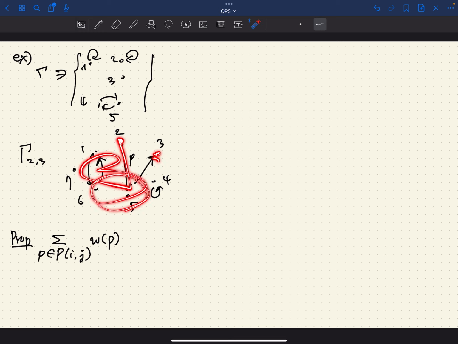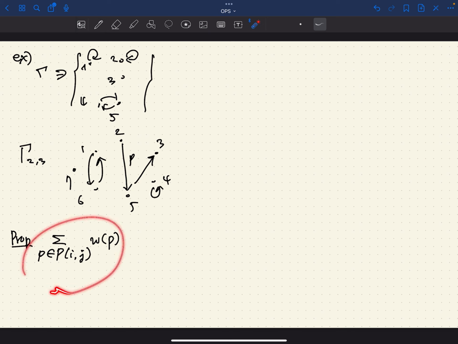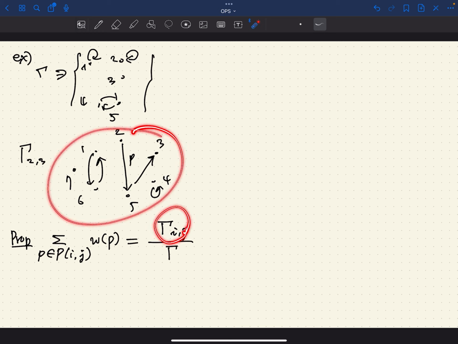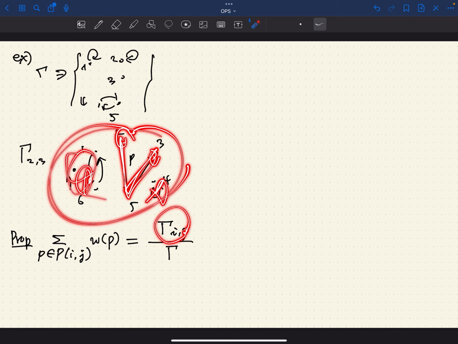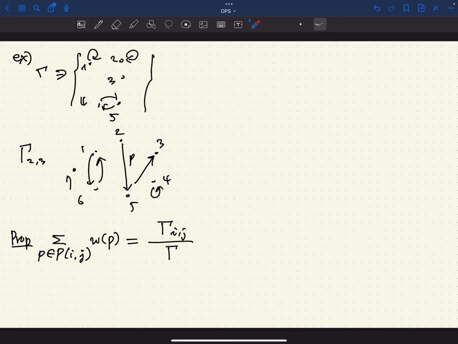There could be self-intersections, as many times as you want, and there are absolutely no restrictions here. But the interesting thing is, this is the ratio of this. So this can be written as the generating function for all disjoint configurations with one specific path from i to j and some bunch of disjoint cycles, divided by the generating function for configurations like this, the disjoint cycles.